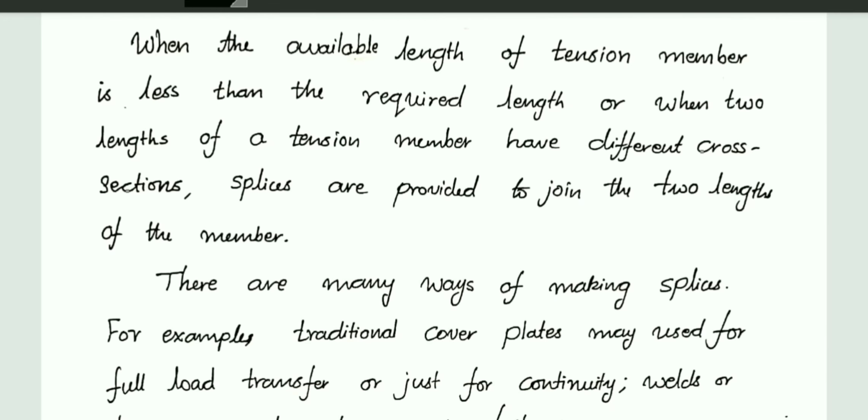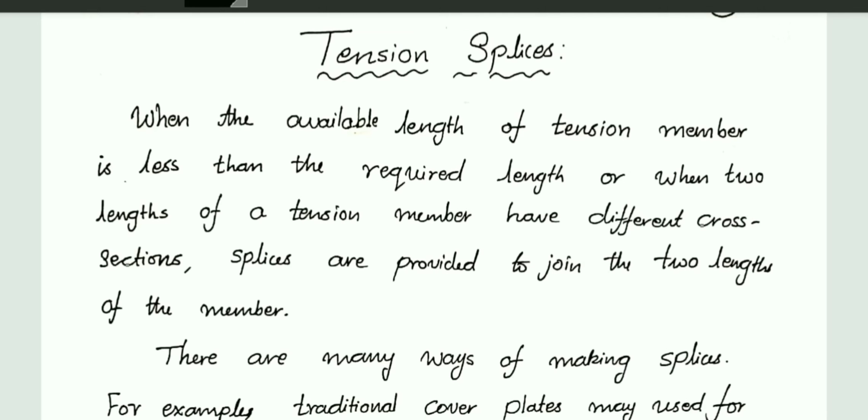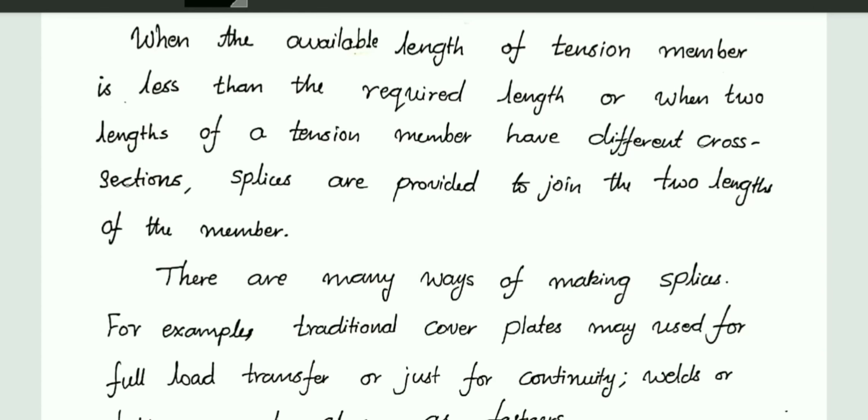Splices are mainly used when the length of the tension member is less, or when the sizes of two tension members are varying, or the thickness of the member is varying. Just assume two plates, one plate is 18 mm and another plate is just 10 mm.